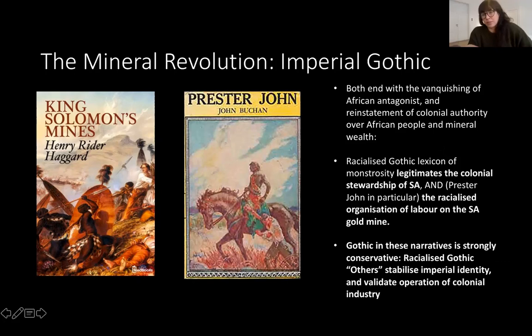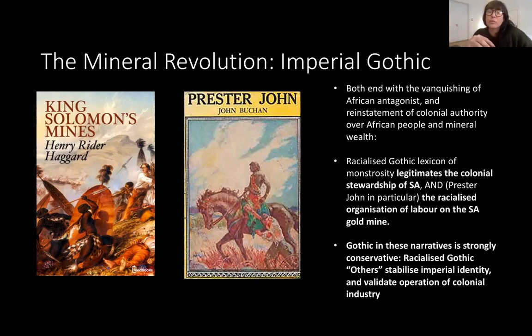There are lots of reasons why this is interesting. Something which I haven't actually said, but something which does always strike me when I think about these texts, is that by the time that both of them were written, all of the indigenous peoples of South Africa had been brought under colonial rule, and so there was no major indigenous threat present to gold mining, right?